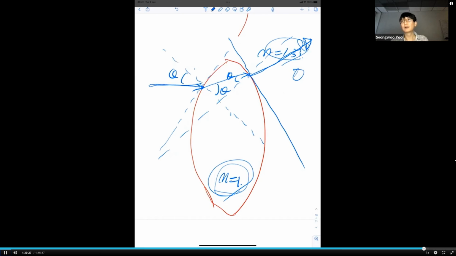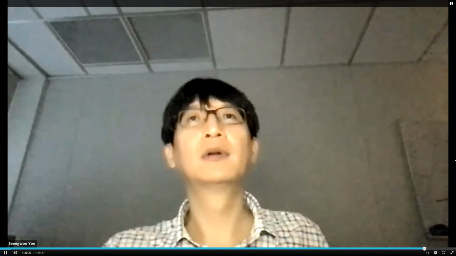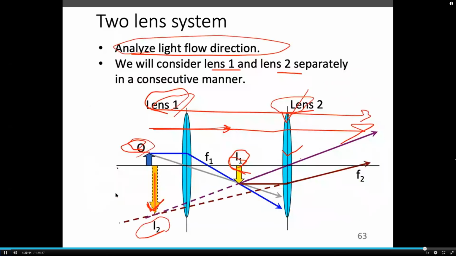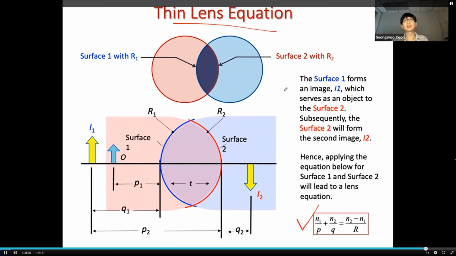For the thin lens, if you are able to go back to the note slide on the shared screen. Just one second. I'm going there. Yes, thank you, Prof. This one, yeah.